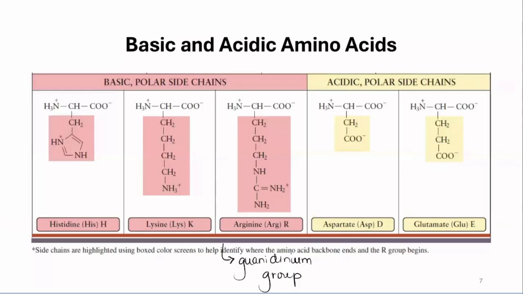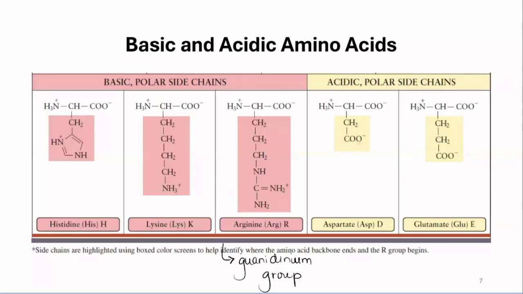And because these are going to be acidic polar side chains, in essence, what we have in these side chains are carboxylic acids. Understand that here we just show them without the proton because, since they are carboxylic acids, they have the ability to lose the hydrogen atom that used to be part of this oxygen.